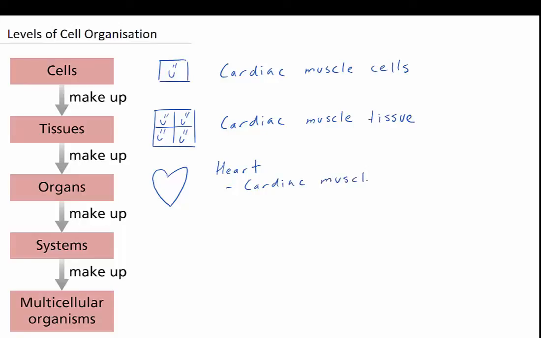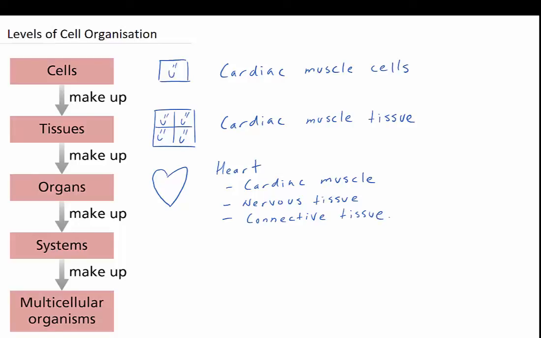which contracts, but it also needs nervous tissue, or nerve cells, to be able to tell those cells when to contract. It also has things like connective tissue, which connects the nervous tissue to the cardiac muscle tissue.